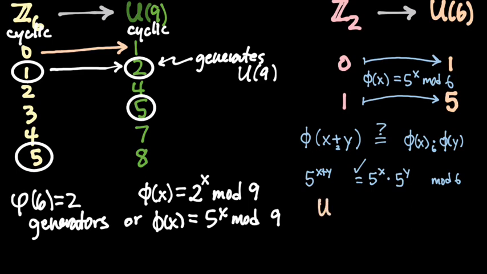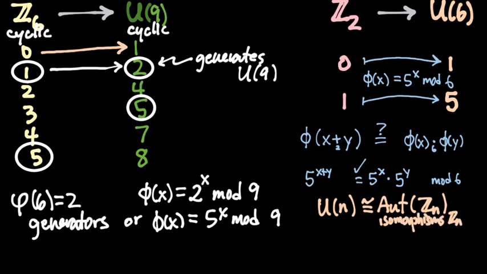The other thing that the U groups do, so the groups Un, they're valuable not just because they tell us about multiplication of integers, but they're also valuable because they're isomorphic to the automorphism groups of Zn. So all of the isomorphisms from Zn to itself can be put in a one-to-one correspondence with the invertible numbers mod n.